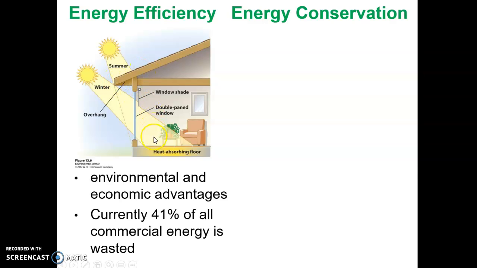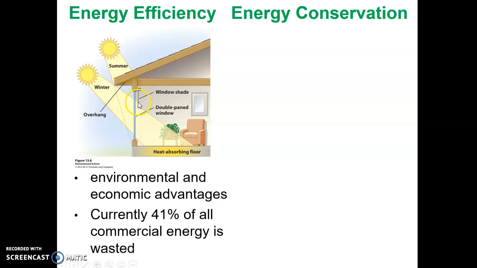And there are other things that can be done. There are types of stone flooring that can be heat absorbing. In the winter, that's great. They heat some of this flooring. In the summer, they don't get hot. They stay nice and cool. You can also have special double paned and even triple paned windows, which keep the heat in or the cold air out.